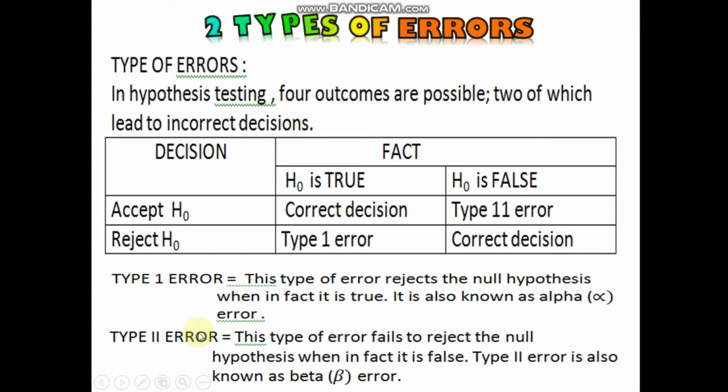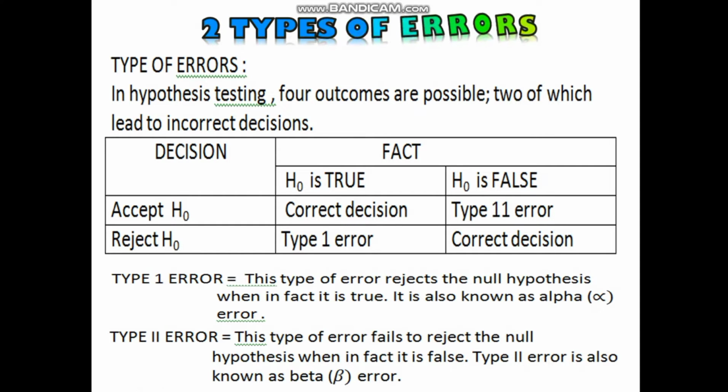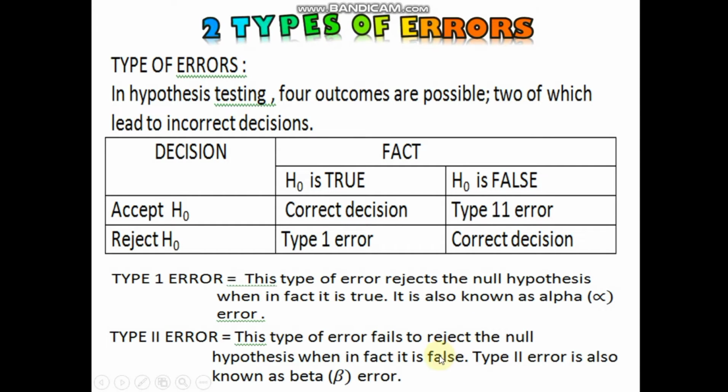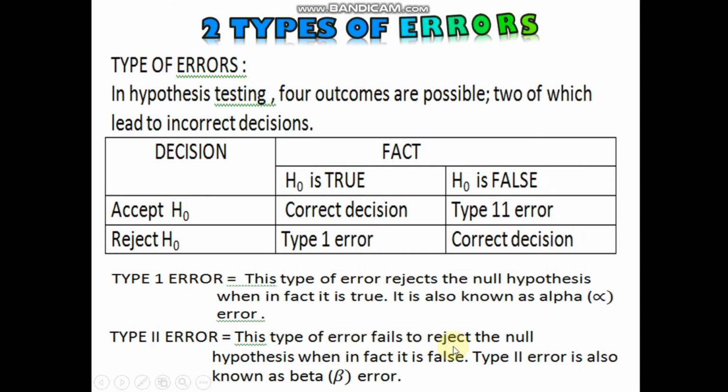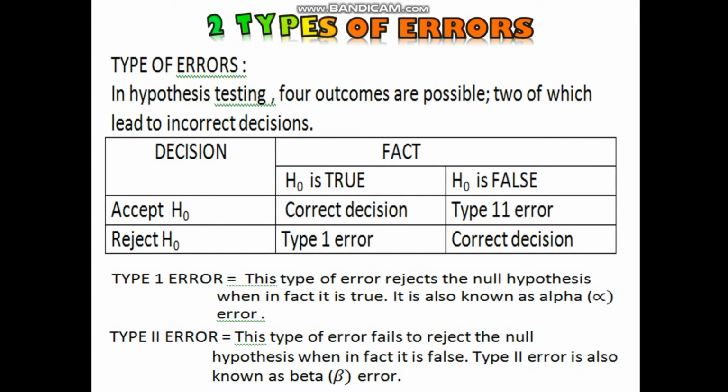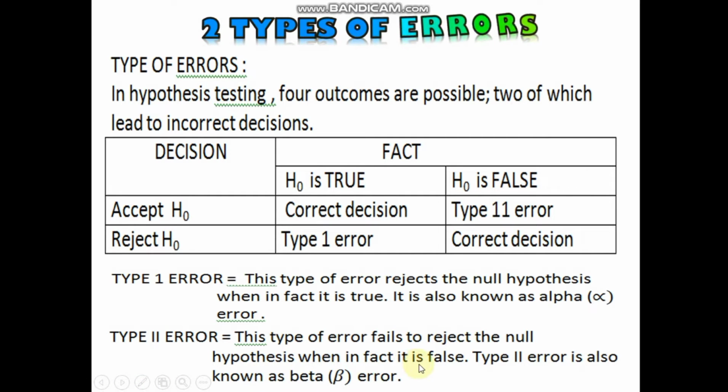Type 2 error naman is this type of error that fails to reject. Ang ibig sabihin niyan ay hindi mo ni-reject. Since false yung statement, instead na nire-reject mo, hindi mo ni-reject. So, ang ginawa mo, inaccept mo pa. So, you fail to reject the null when in fact it is false. So, that is type 2 error.